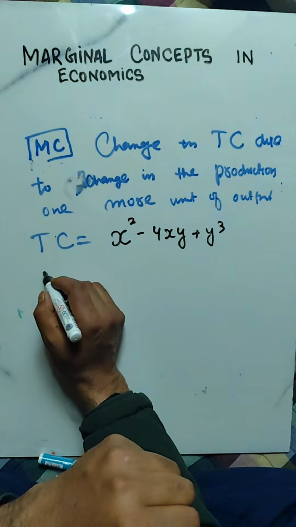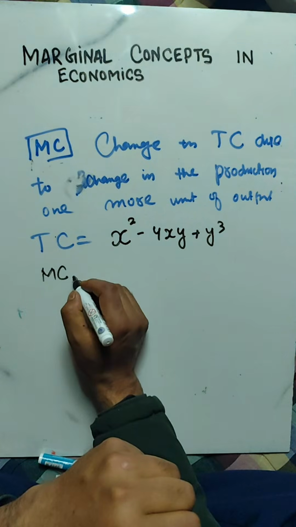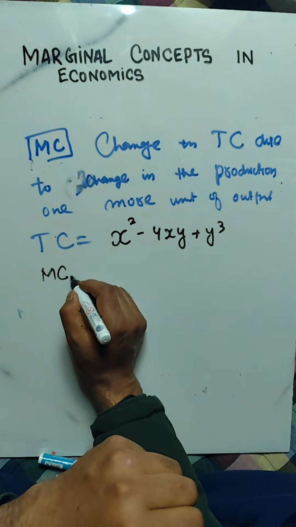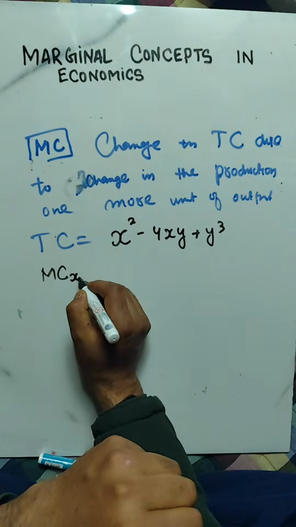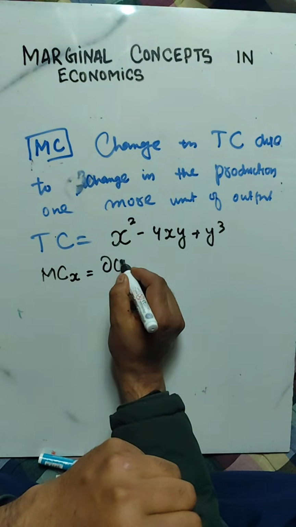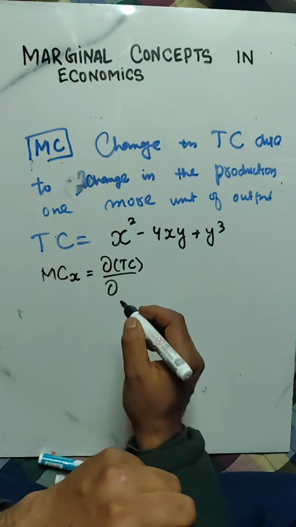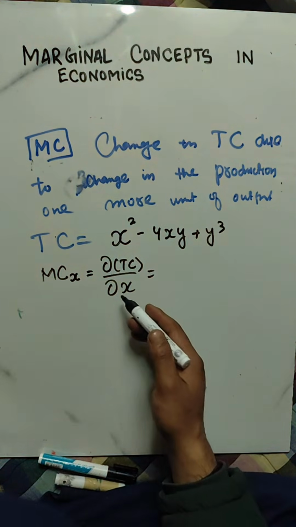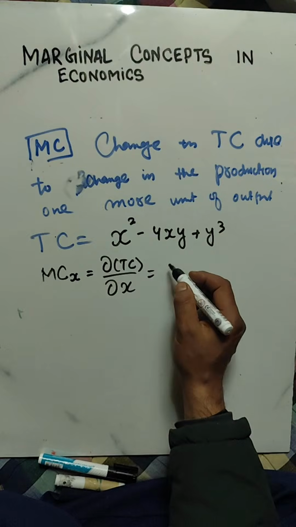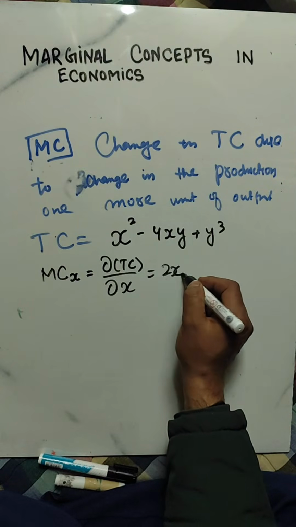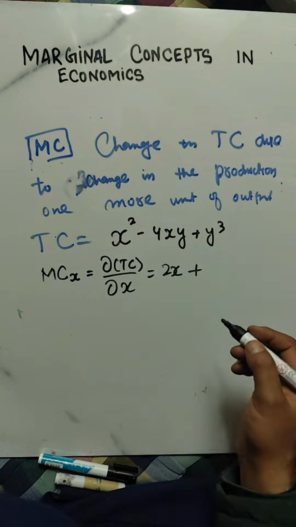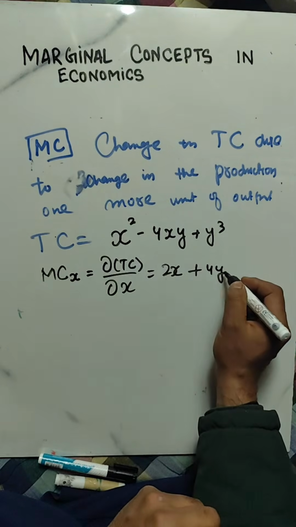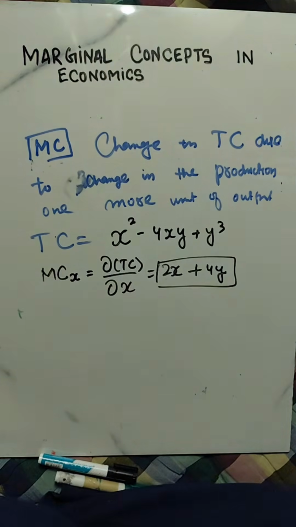So marginal cost of good x will be the change in the total cost due to the change in the production of good x. That is a partial derivative of this function with respect to good x. So derivative of x square is 2x, minus the derivative of x is 1, so we are left with 4y. That will be the marginal cost with respect to good x.